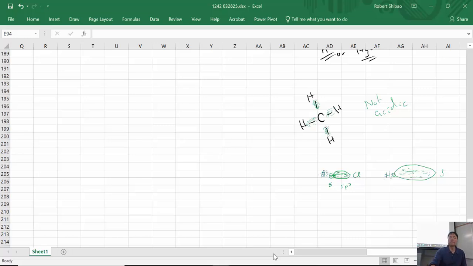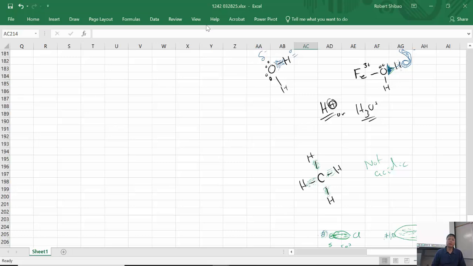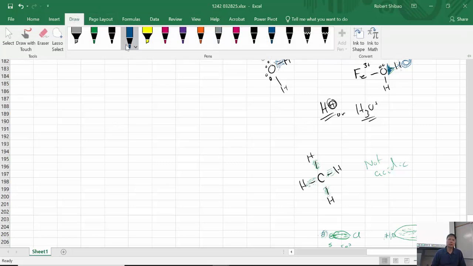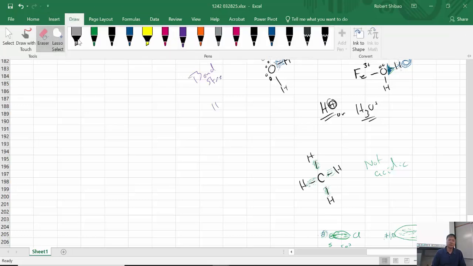So we look at different things. So here we're looking at what we call polarity. Polarity is the number 2 thing we look at in bond strength. Oh, not bond strength, acid strength. Sorry.